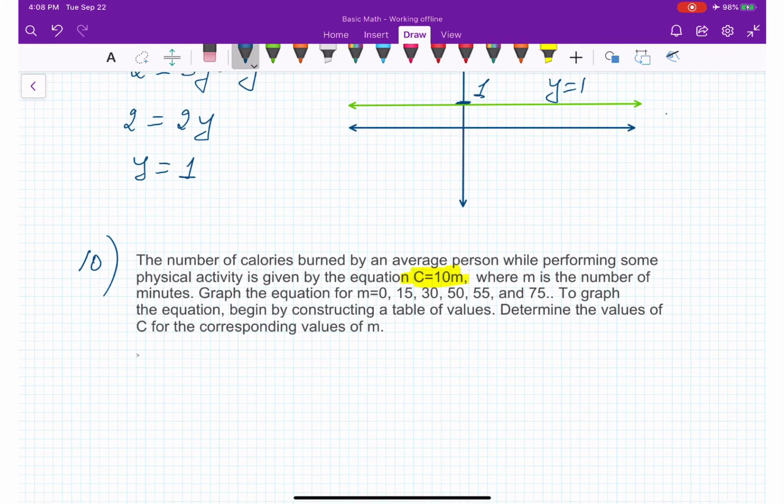Okay, let's graph the equation. So for that, first we need to find out how much will be C for m is equal 0, 15, 30, 50, and so on. Let's do it.